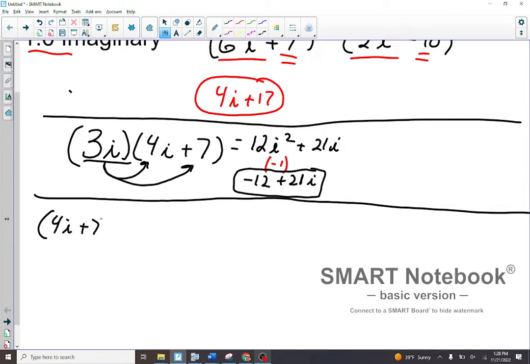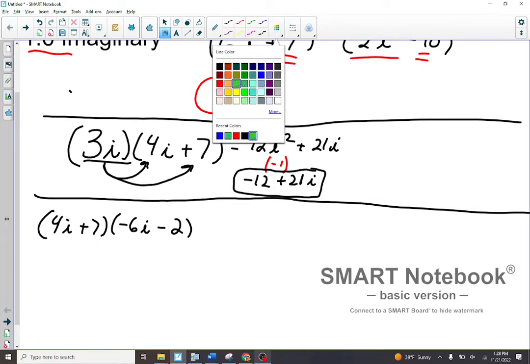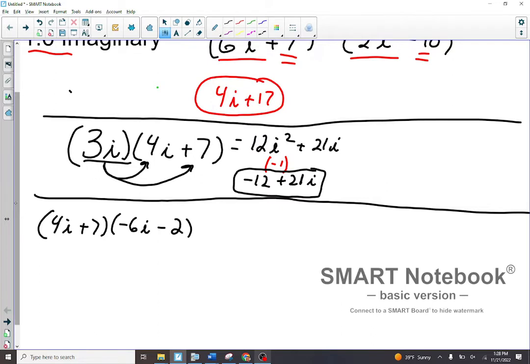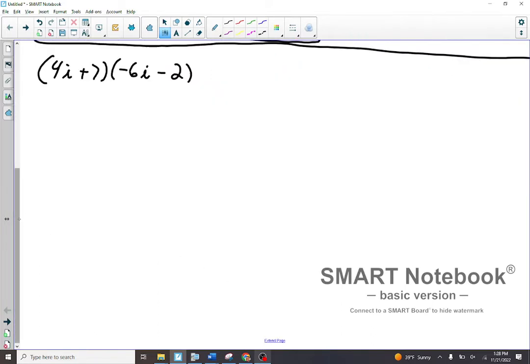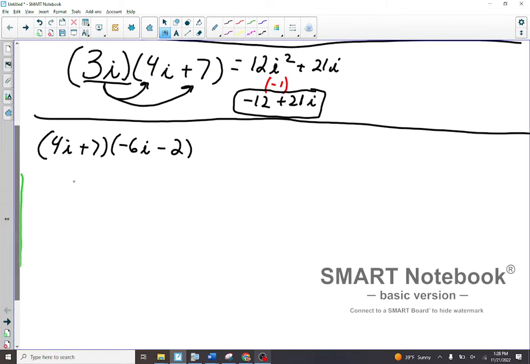4i plus 7 times negative 6i minus 2. So in this case, I'm going to have to FOIL. I'll give you a second to copy it. But in this case, I'm going to have to FOIL. So 4i has to be multiplied to negative 6i and negative 2.